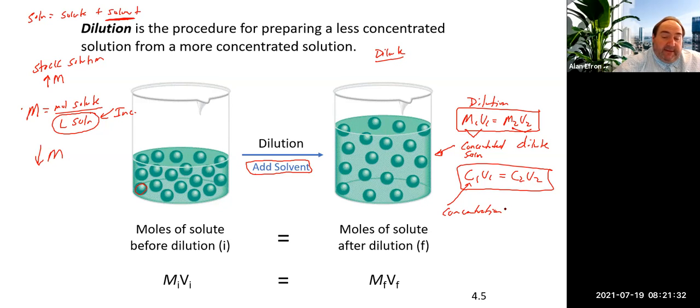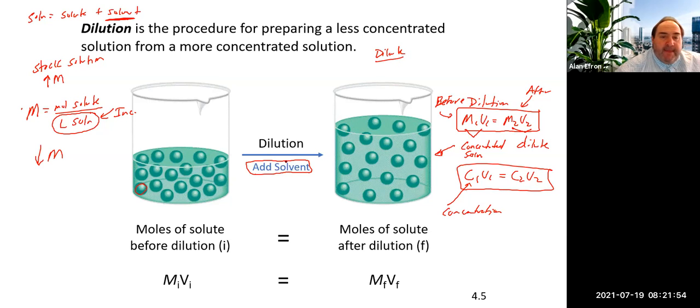So typically, M1 V1 is your stronger, more stock solution, the one before the dilution. And M2 V2 is your dilute solution, which is after you do the dilution.